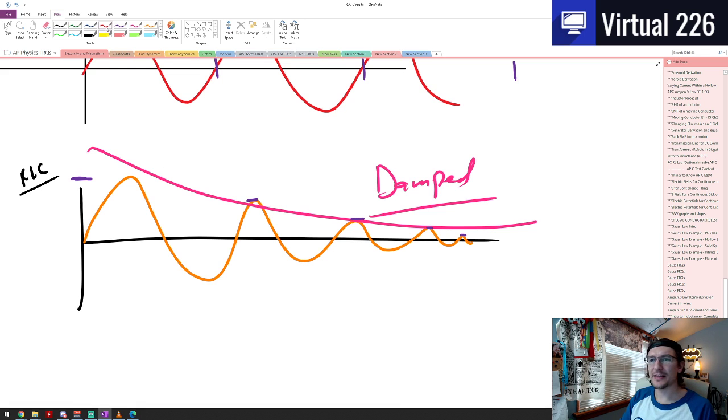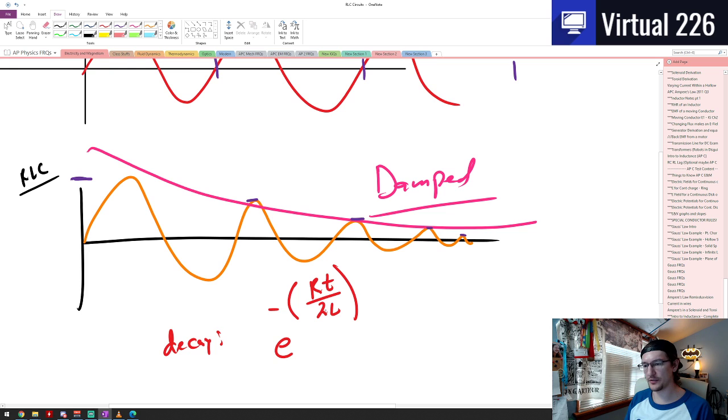This curve right here, this is actually an exponential decay. Okay, this is a decay here. And typically, for an RLC circuit, it's going to go as e to the negative Rt over 2L, where R is your resistance, L is your inductance. Okay, that is the rate of decay that this will die off on.